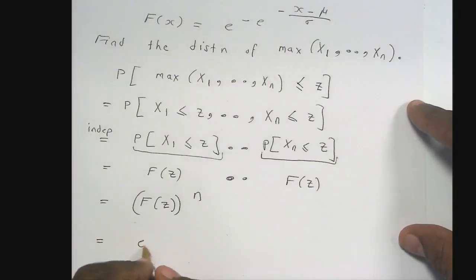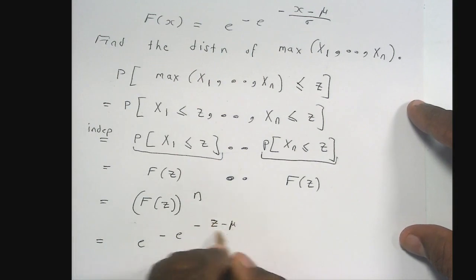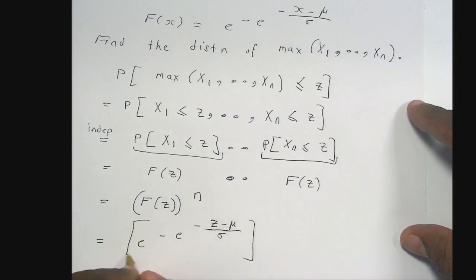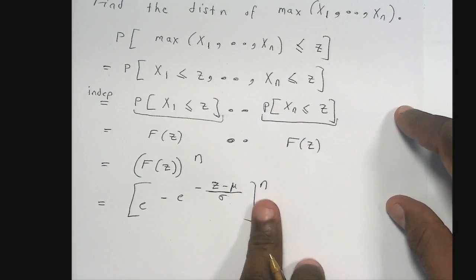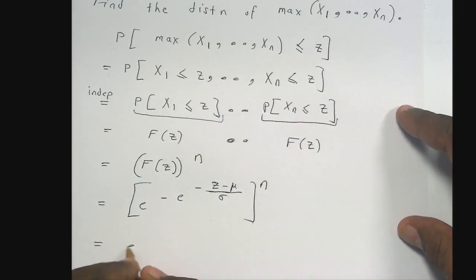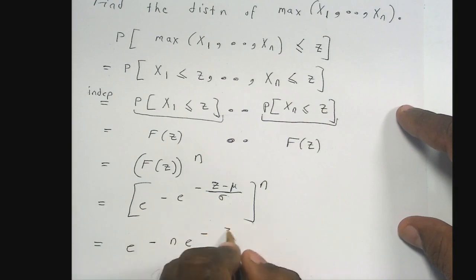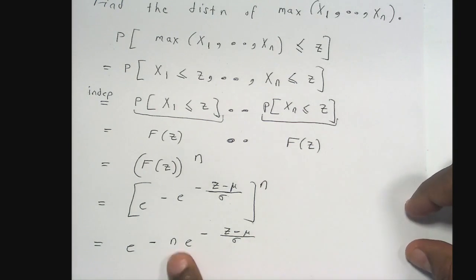So this is going to be this. Now you should power this to n. What do you get, guys? The n over here will come over here. Do you follow that, guys?